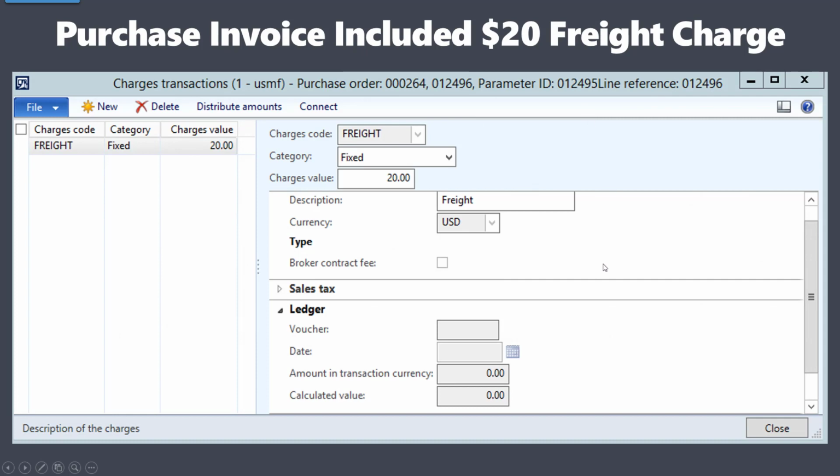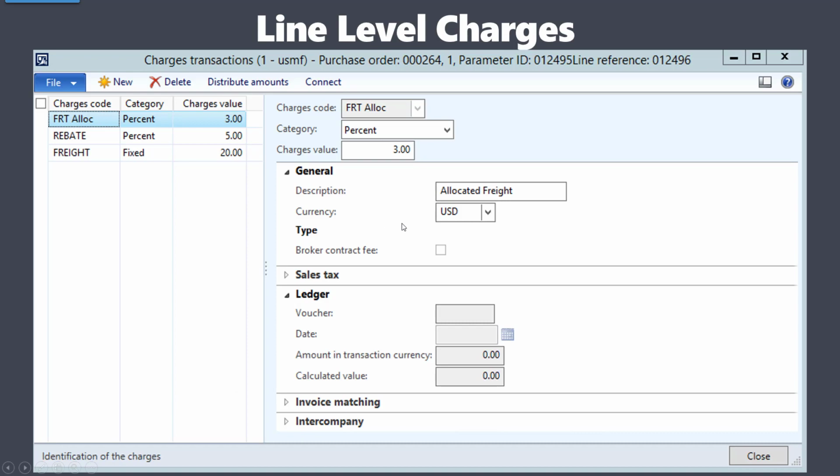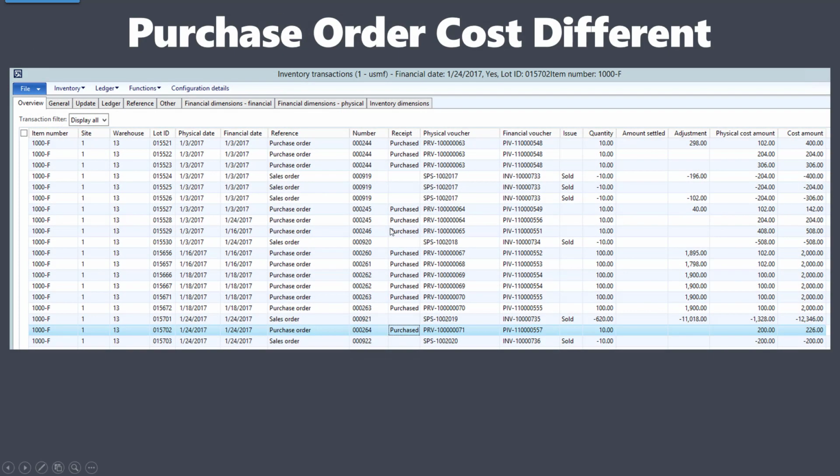Now we go ahead and add $20 freight to that. We allocate the freight, and really it was 3%. And what I'm trying to illustrate here is that notice how your cost amount changes now, because this was on the vendor invoice.